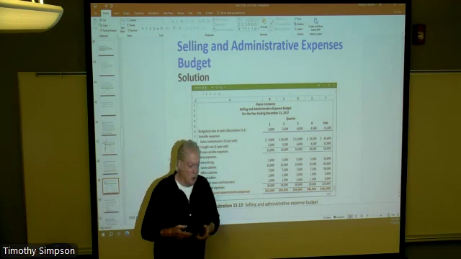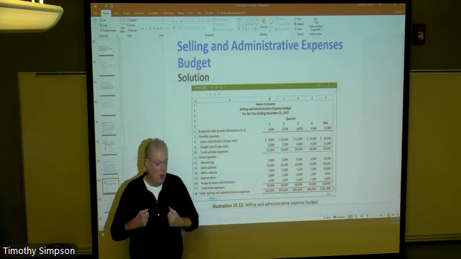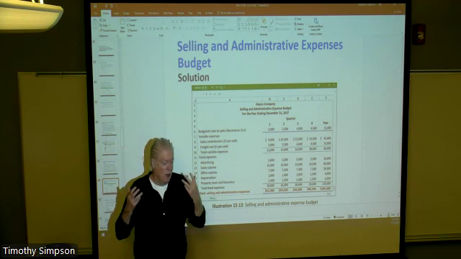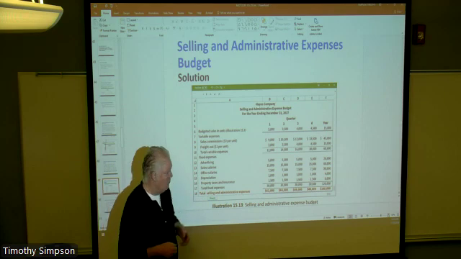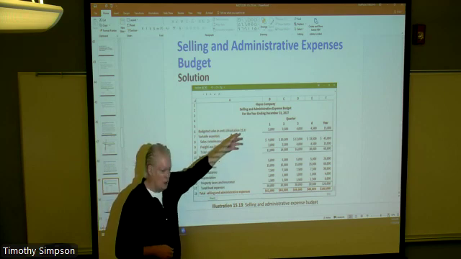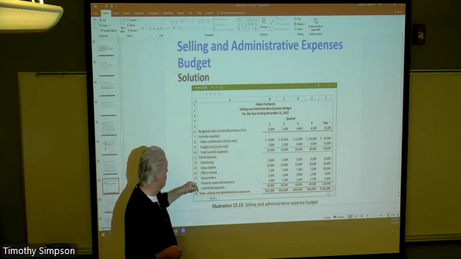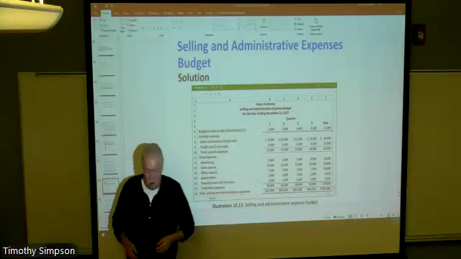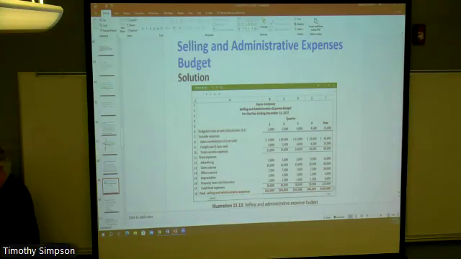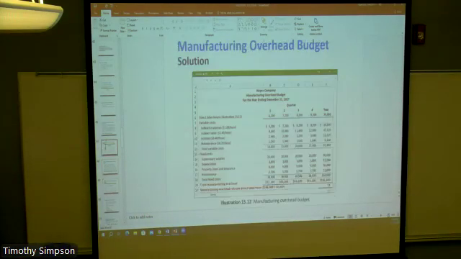Line personnel are those people who are engaged in producing the product or working directly with customers, primarily producing the product, particularly in a manufacturing context. And so when we talk about selling administrative, these are people who are not really involved in making the product at all. As a result, they are considered period costs, not product costs, unlike the personnel involved here, where we capture their salaries as being part of the production process.